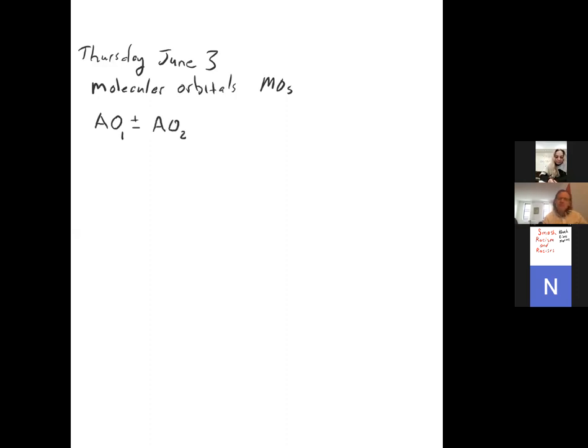Notice I put plus or minus, because we're going to take the constructive interference, which is plus, that's additive, and then the destructive interference, which is the negation, it's negative. Think about it this way: subtracting a number is the same thing as adding a number that you've changed to a negative, changing the sign of it. So we're going to add and subtract these two atomic orbitals.